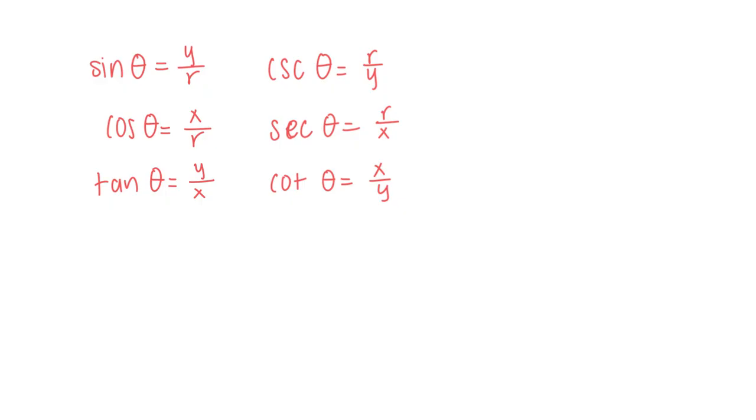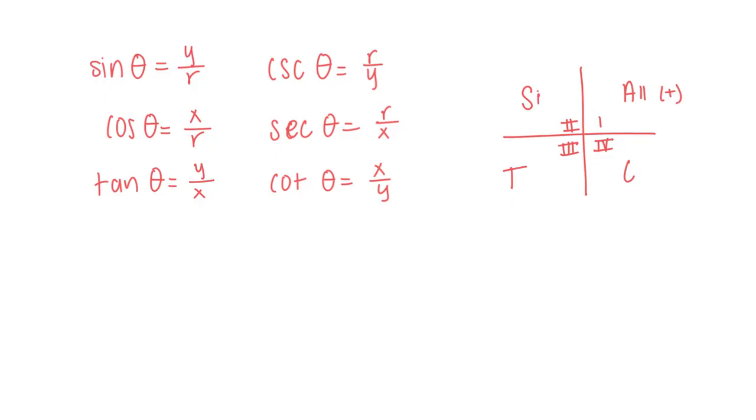Now, another thing to remember is what's positive in each quadrant. I have quadrants 1, 2, 3, and 4. To remember, use All Students Take Calculus. In quadrant 1, all trig functions are positive.